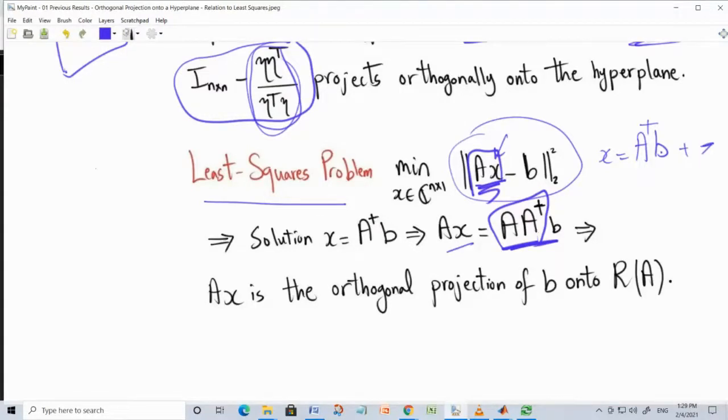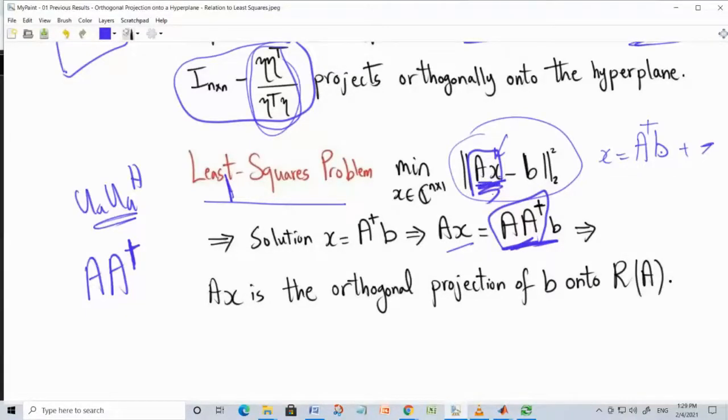Last time I said it has several forms. One of them is UA Hermitian, and one of them is this one. You can show that this is also this. So it's like the optimal solution to the least squares problem.